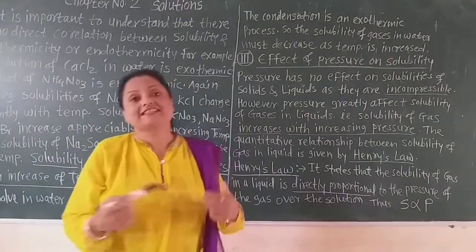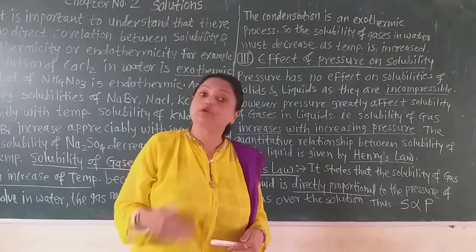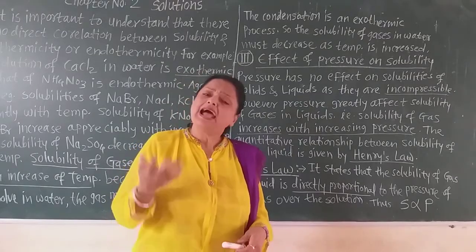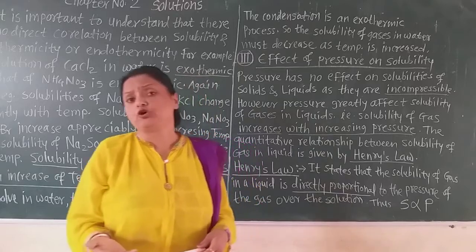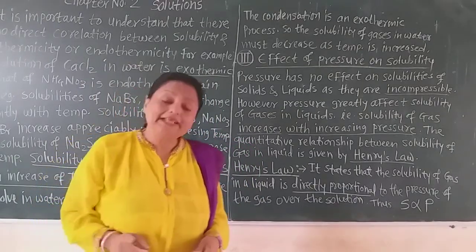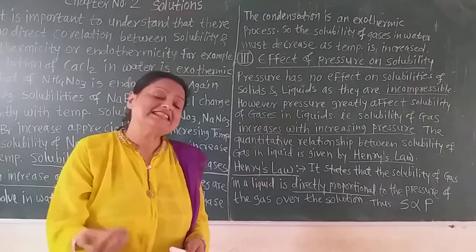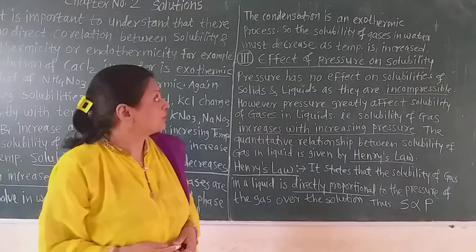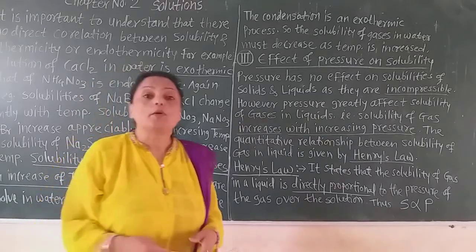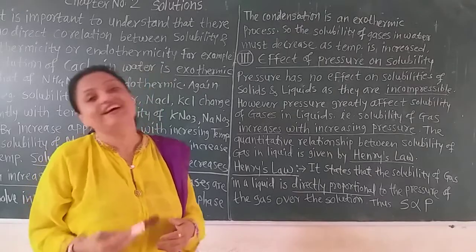Remember that, as the condensation process is exothermic, more and more gas molecules condense at lower temperature, and at lower temperature the solubility of the gases in water increases. But at higher temperature the process slows down and fewer gases dissolve into the water, and therefore the solubility of gases in water decreases on increasing the temperature.